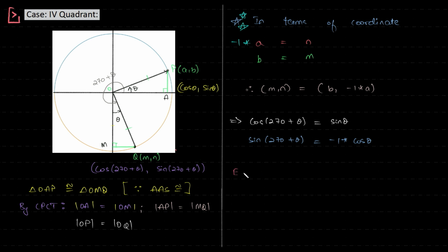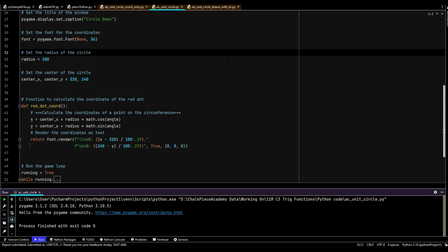So on to an example. We have cos of say 300, that is 270 plus 30, which should be equal to sine of 30, which is 0.5. That makes sense. While sine of 300 will be equal to minus 1 into cos of 30. This is where it gets tricky. Minus root 3 by 2. Okay guys, so is this correct?